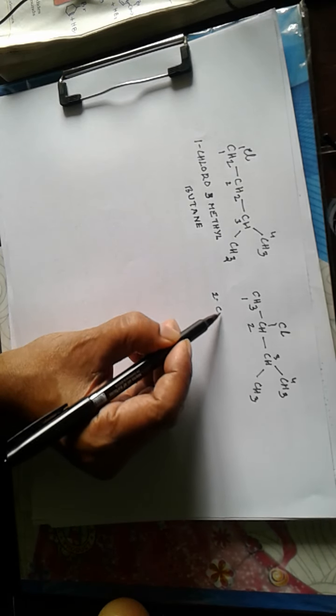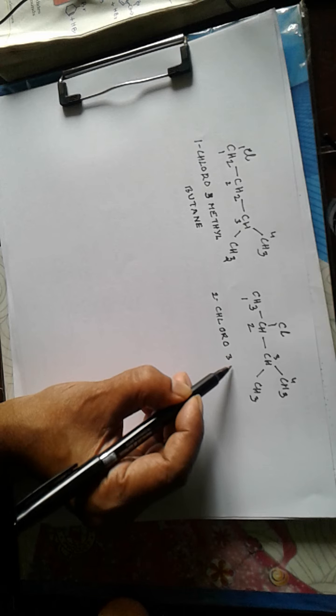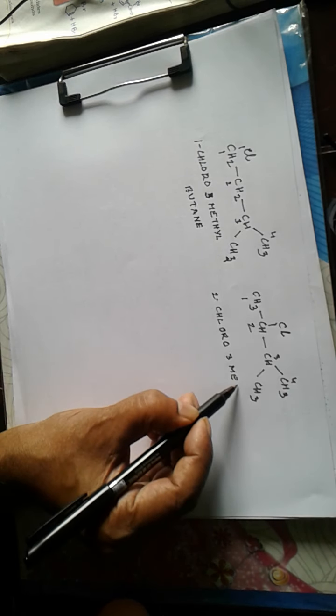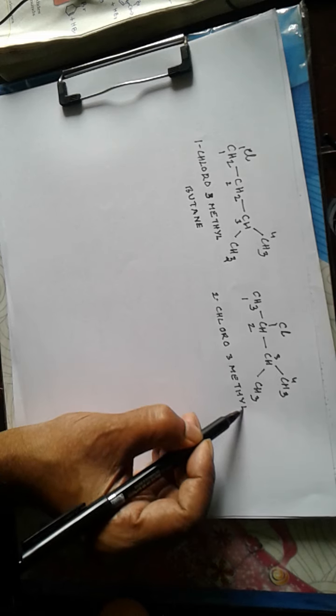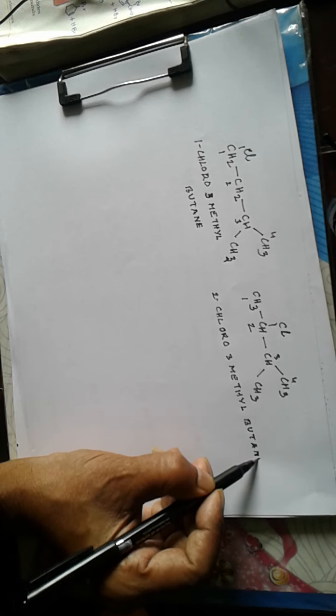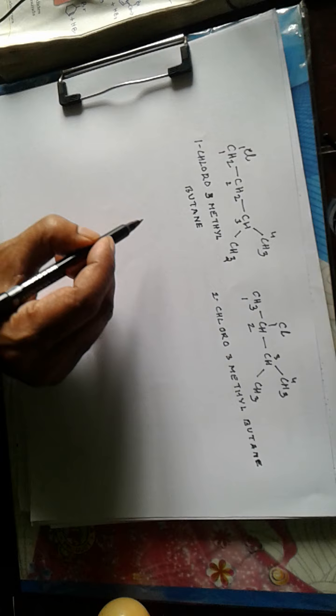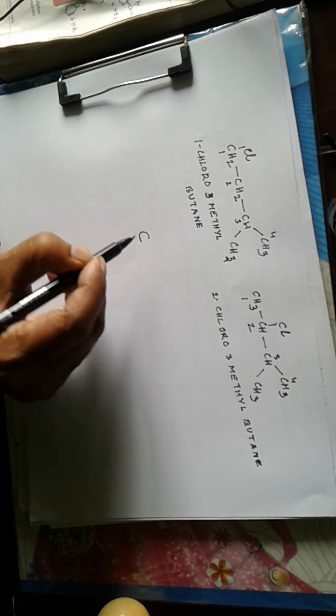So 2-chloro-3-methyl butane. Now consider the last isomer, that is neopentane. So the isomer which gives 4 isomeric monochlorides is isopentane or 2-methyl butane. Now the last isomer is neopentane.